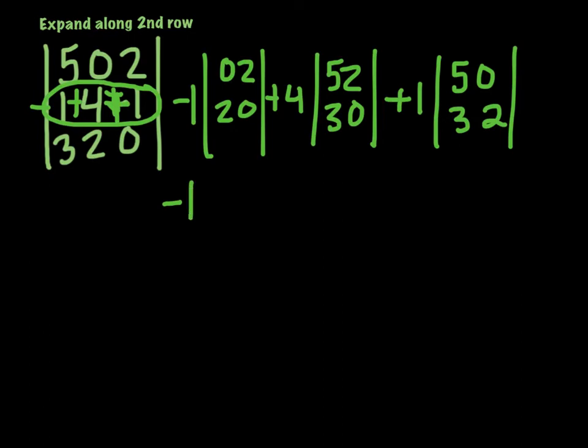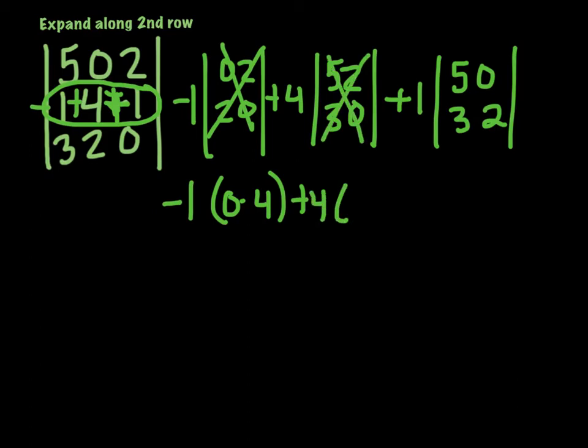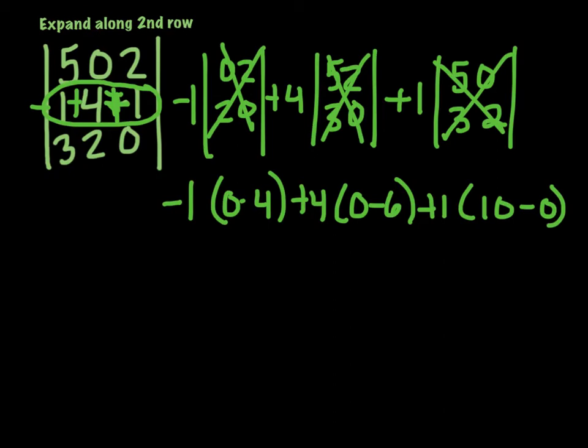So when I do negative 1 times 0 minus 4, plus 4 times 0 minus 6, plus 1 times 10 minus 0, I get negative 1 times 4 is negative 4, plus 4 times negative 6 is minus 24, plus 1 times 10 is plus 10. Negative 4 minus 24 plus 10 gives us negative 10.